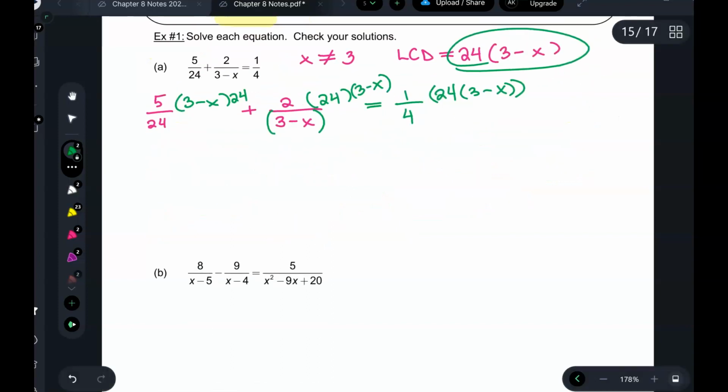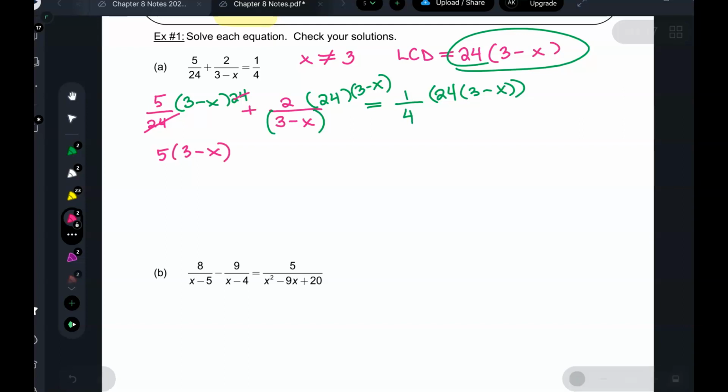Well, what happens on this part? Well, the 24s are going to cancel. And that's just going to give me 5 times 3 minus x. If you want, you could distribute at the same time. What's going to cancel in the next one? 3 minus x. And I'm left with 2 times 24.